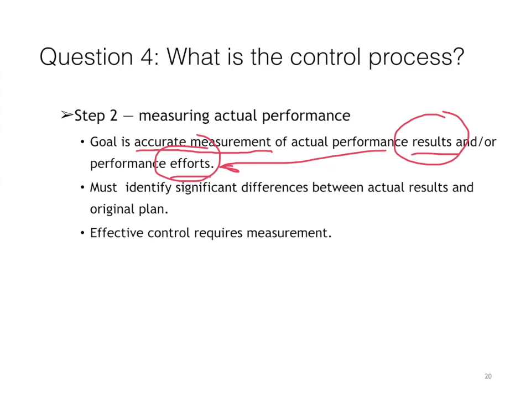In this step, we must identify the significant difference between the actual result and the original plan. We have to see the significant difference. Maybe a small difference we can tolerate, no problem. We have to identify the significant difference between actual result and original plan.